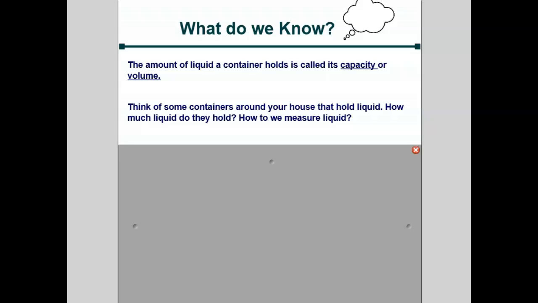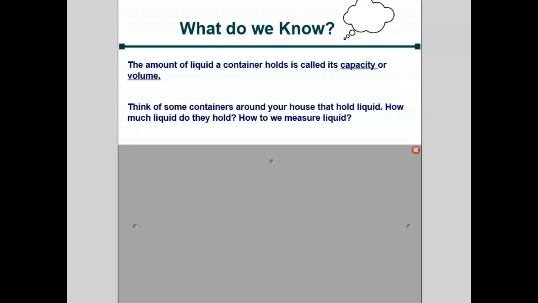And how do we measure this liquid? So I would like for you to pause the video and think of some containers in your house that hold liquid. You can even get up and look around. Pause the video and write down any containers in your house that currently hold liquid, like water or a sauce. Go ahead.